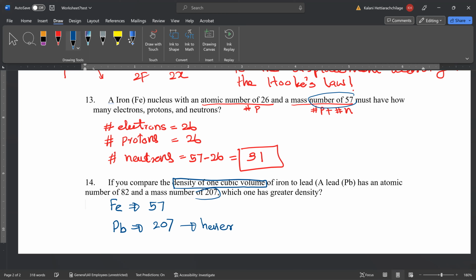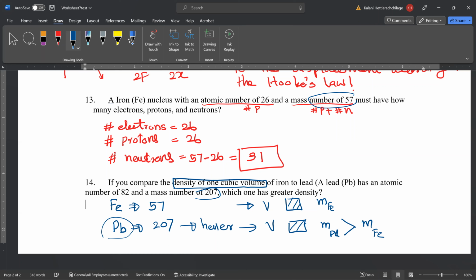So now the important information here is that both materials have the same volume. You can think of the pieces as having the same volume, right? But since lead is heavier, if you take the mass of these two pieces, although the volume is the same, the mass of the lead is greater than the mass of the iron.